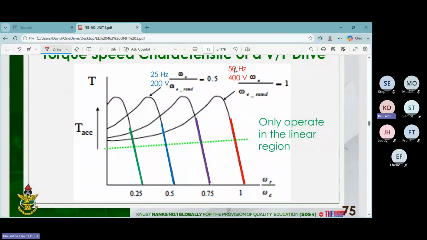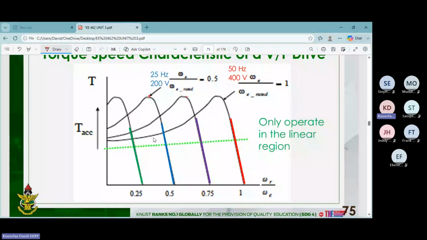The red one is for 50 hertz, 400 volts. The second one, I don't remember the voltage and the speed, is for 25 hertz, 100 volts.